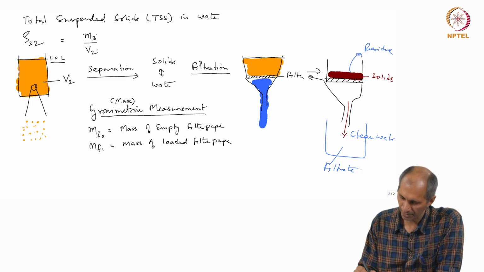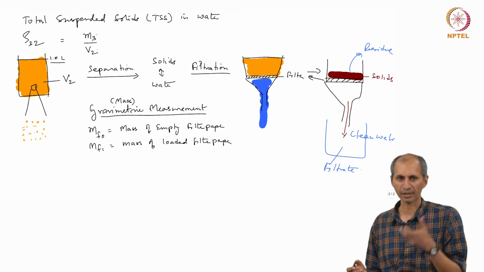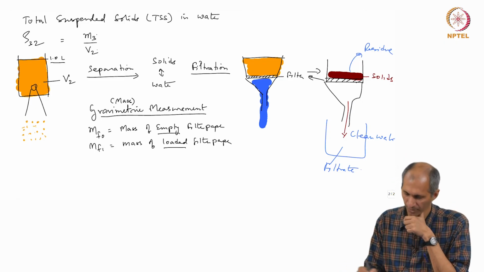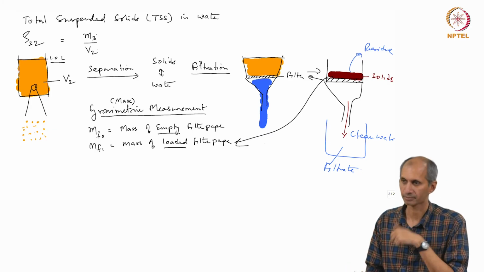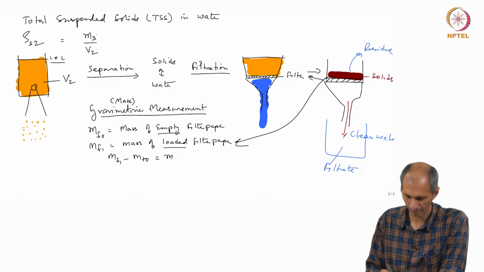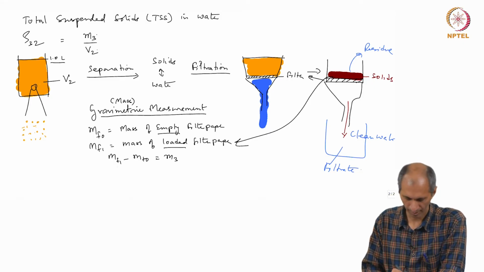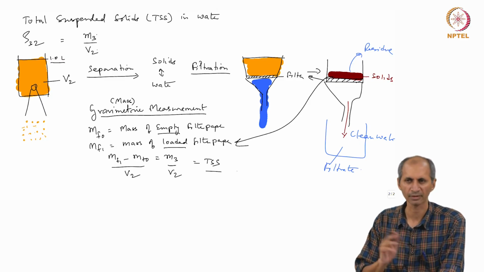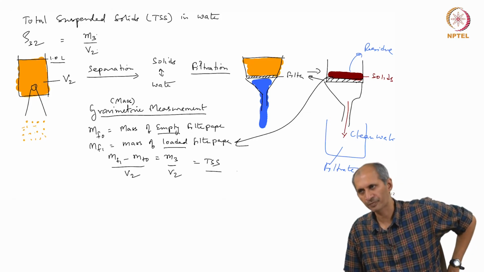So, this is the empty filter paper. Before we start the filtration, the filter paper has a weight, it is an empty filter paper, and once we finish, this is the loaded filter paper. So, MF1 minus MF0 should give you M3, divided by the volume of water, will give you the total suspended solids. This is a very simple assessment of it.